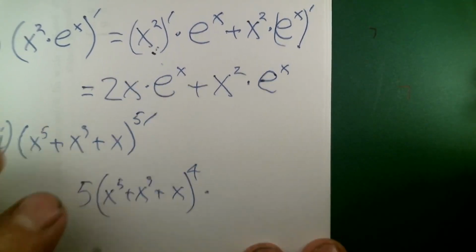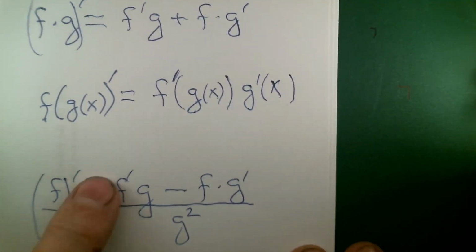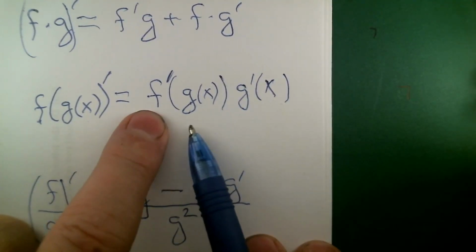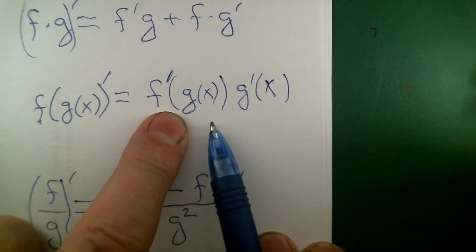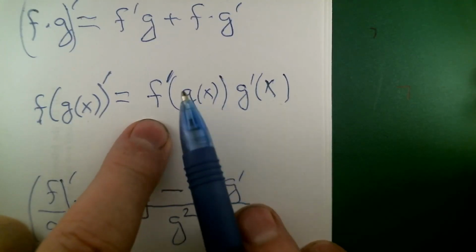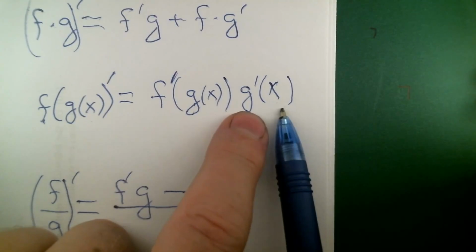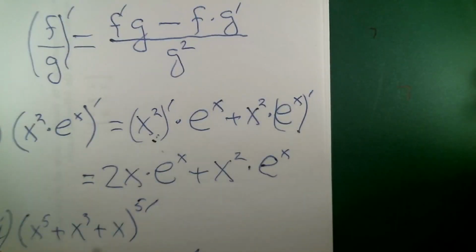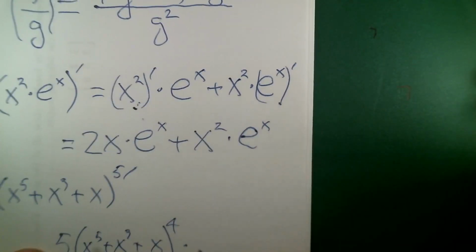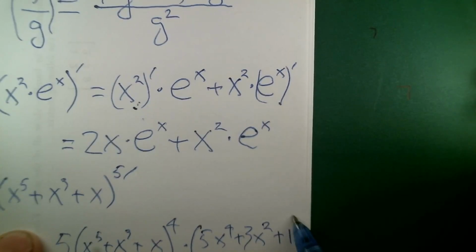And then remember this guy? We just did the f prime of g of x part. We still need the g prime of x. We actually did that derivative in a previous problem, so it's 5x to the fourth plus 3x squared plus 1.